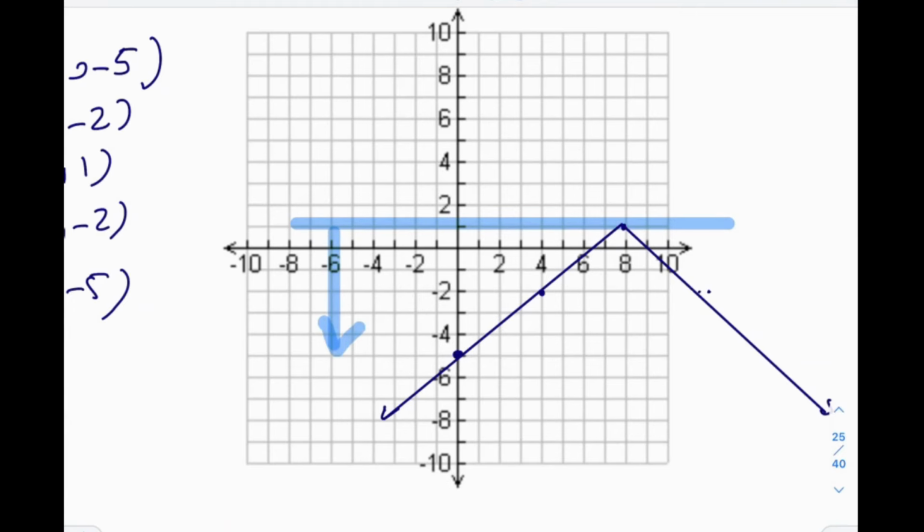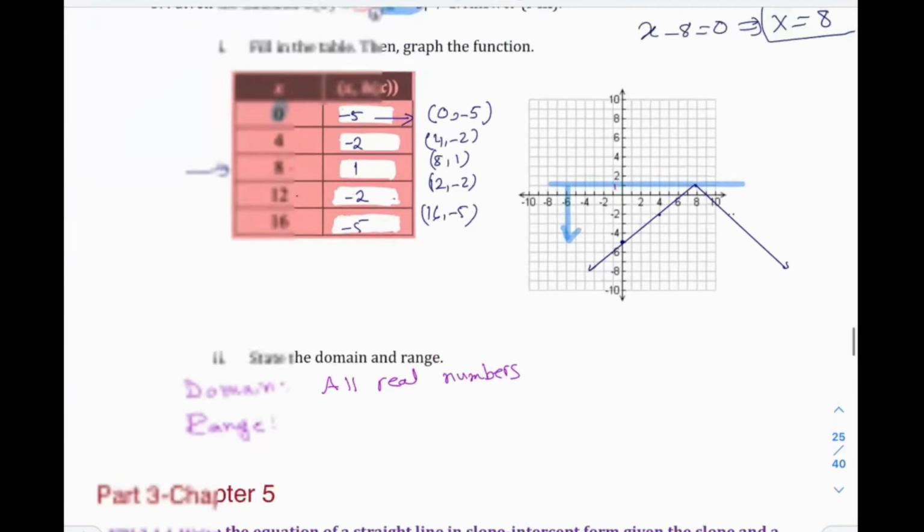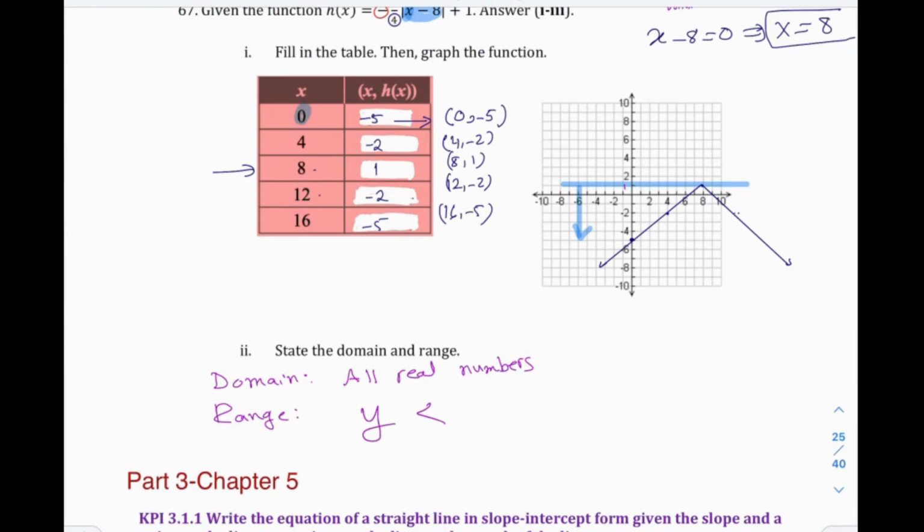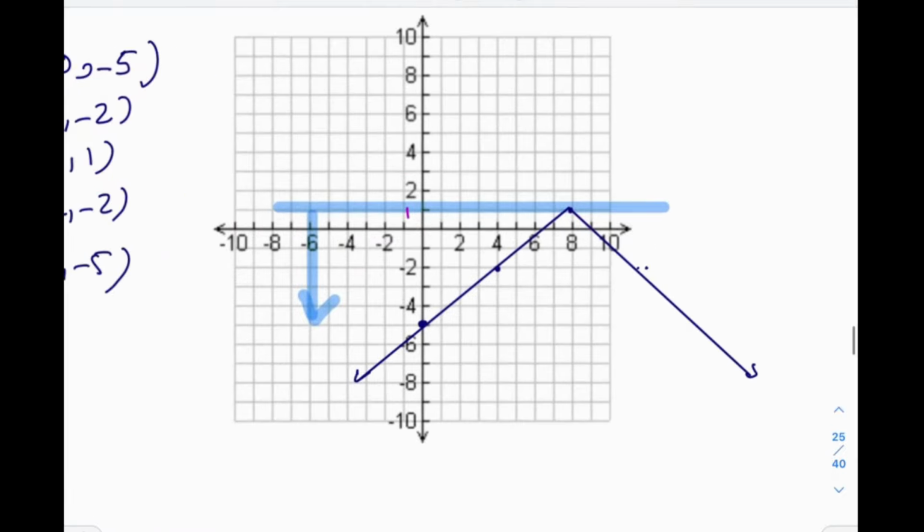Everything is below the 1. So that means y less than or equal to 1, or all numbers that are less than or equal to 1 is the best description. If it opens up, for example, like this, it will be y more than or equal to 1. So you have to be careful about the minimum and the maximum.